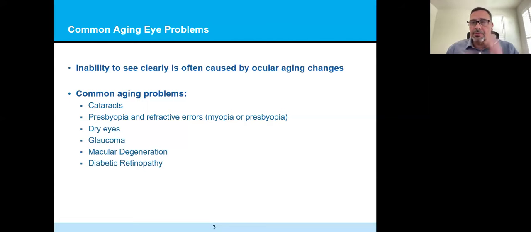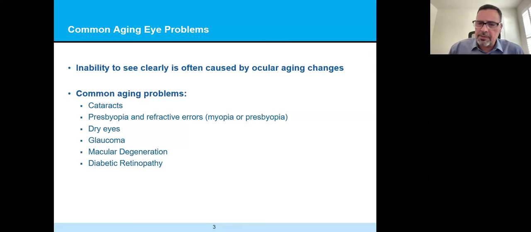So that's why many of us use reading glasses after the age of 40. Dryness is also a very common condition that affects patients as they age, and is also a very common condition in Parkinson's, as we will discuss. Glaucoma is a condition that affects the optic nerve. Macular degeneration affects the central part of the retina, and patients who are diabetics can also suffer from diabetic retinopathy. And these are all conditions that can happen as we age, unrelated to Parkinson's.